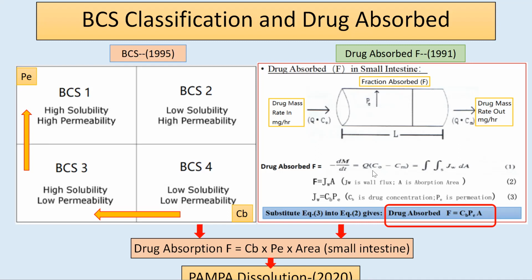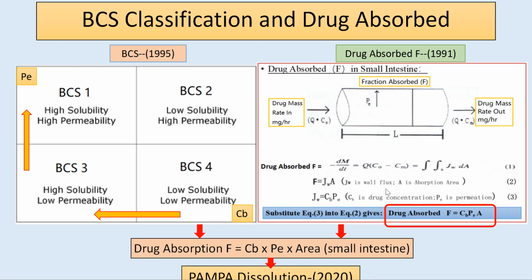So then we can write an equation like this: drug absorbed F equals Q times (C0 minus Cm), which is left side minus right side equals absorbed. By integrating equation 1, we end up with equation 2, which gives us F equals JW times A. JW is the wall flux, and A is the absorption area of the small intestine.